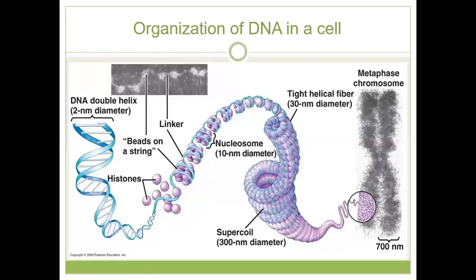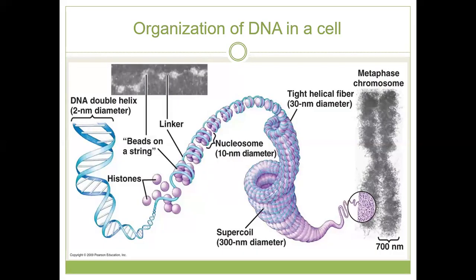So the supercoiled chromatin fiber is also condensed and stacked to form heterochromatin, which is the chromosome, which is about 700 nanometer in diameter.